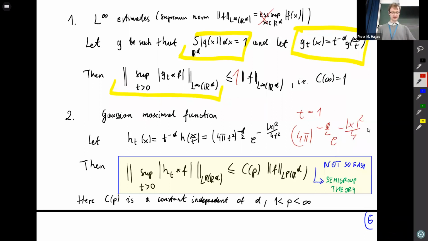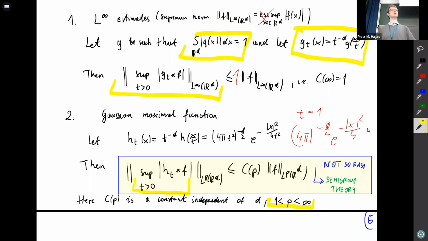Then we make a convolution with this function h_t and take the supremum over t outside. It turns out that this has dimension-free estimates on all L^p spaces, apart from 1 and infinity, with a constant that does not depend on d. Of course the family depends on d, but the constant does not grow with d.